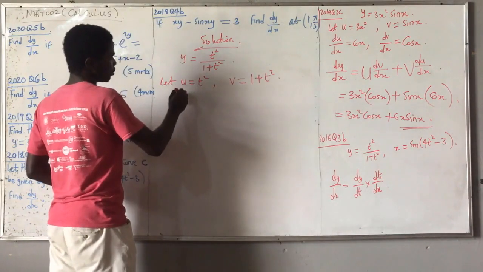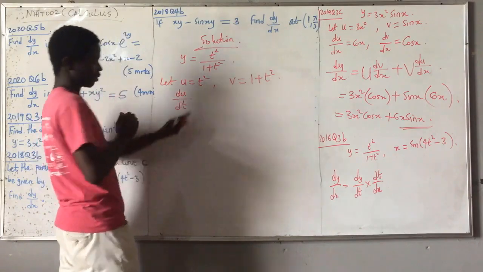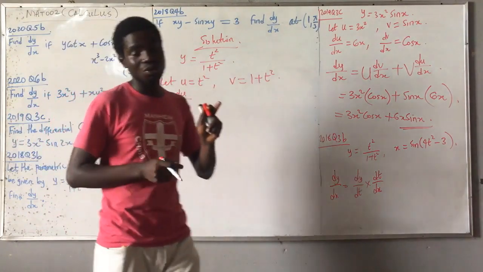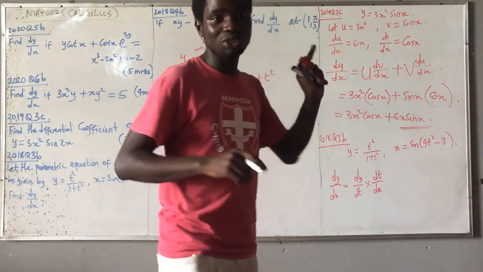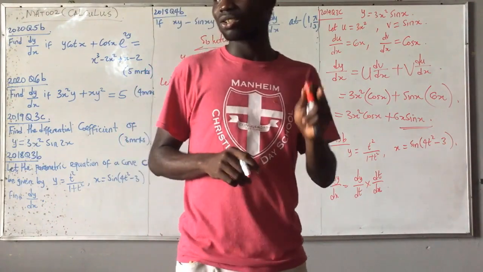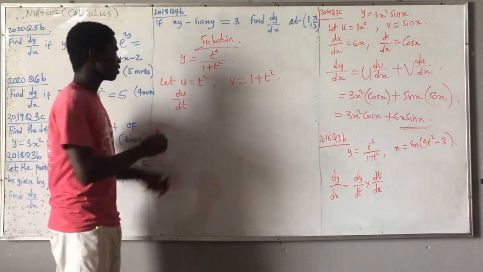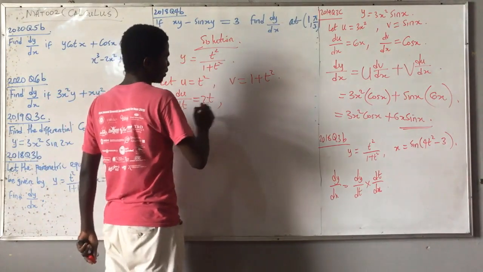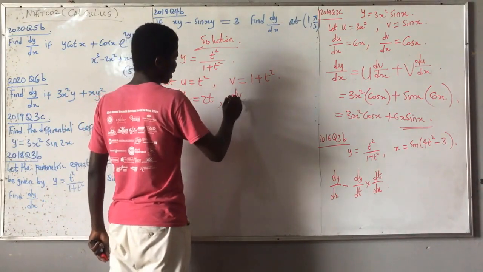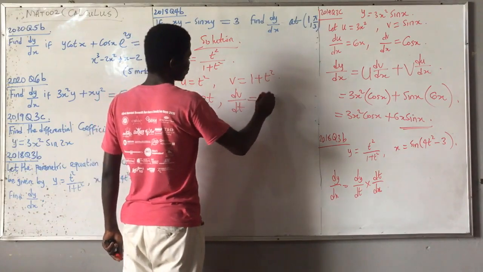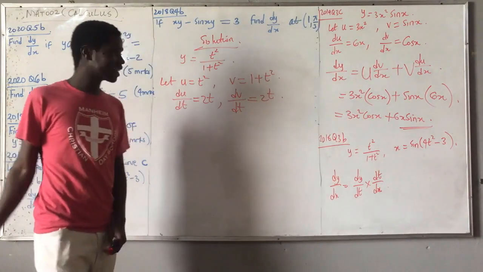Differentiate it: du/dt, don't go and write du/ds. This is now a function of t, so you are differentiating with respect to t. Do you get my point? du/dt is 2t. dv/dt is also 2t, right?